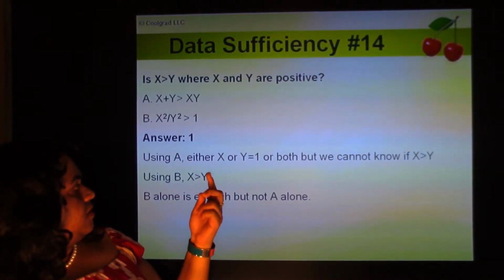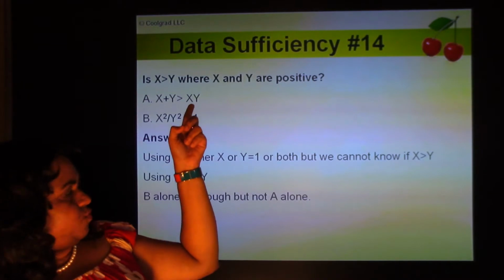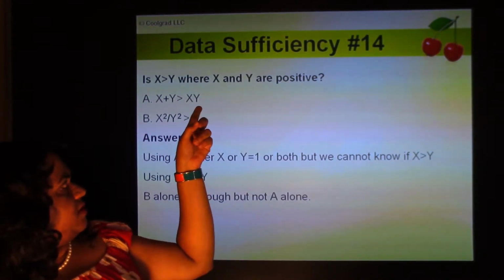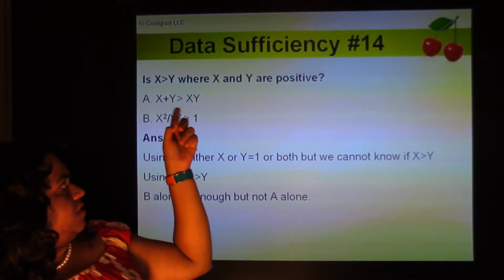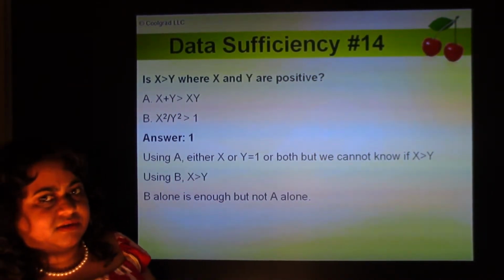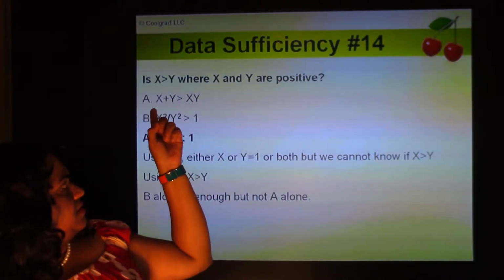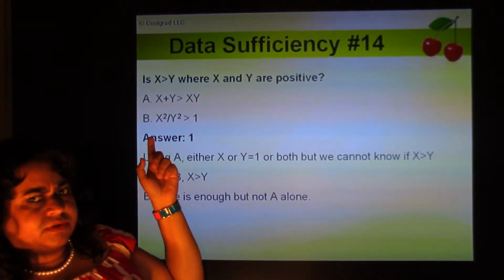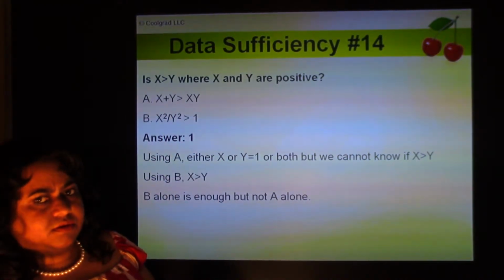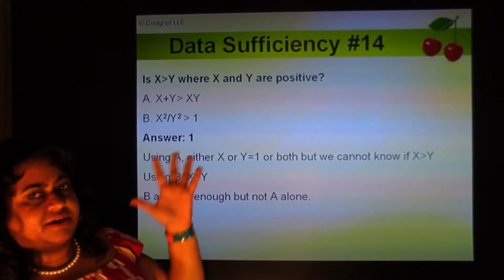So if y is 1, then we have x times 1. So x plus 1 will always be greater than x times 1. x plus 1 is always greater than x. And if x is equal to 1, then y plus 1 will always be greater than y. So that's the only way this condition can hold true.